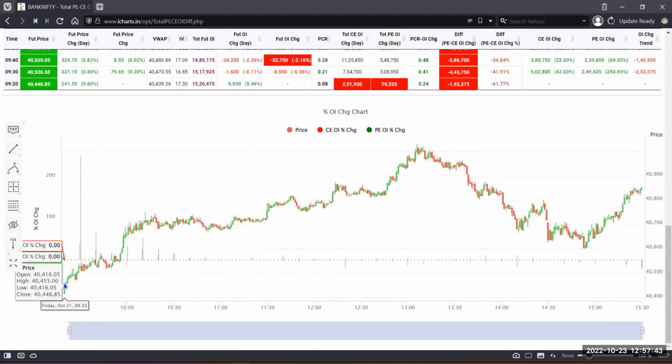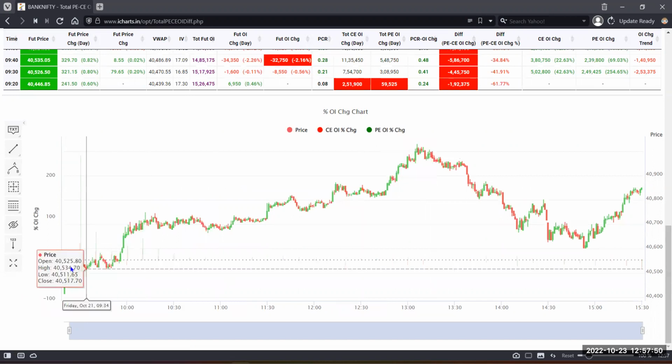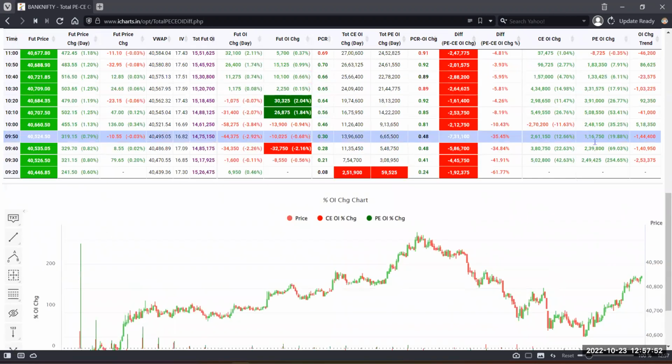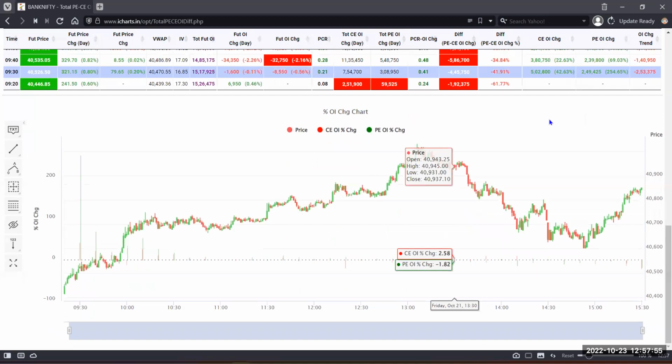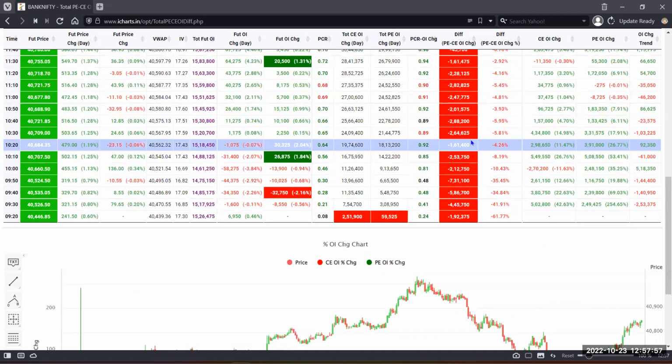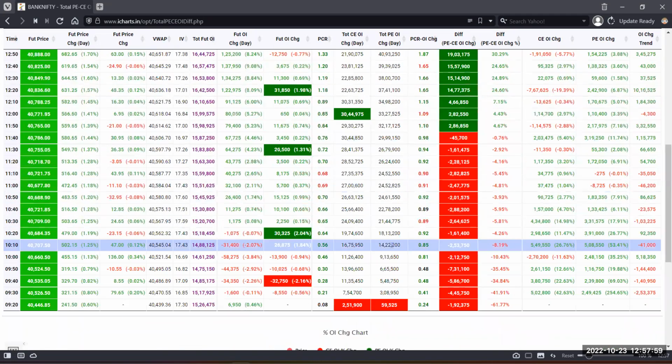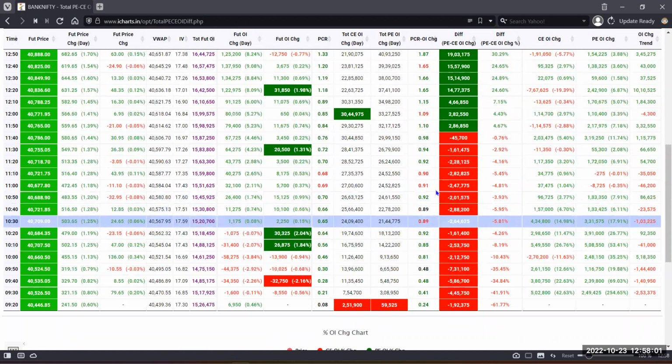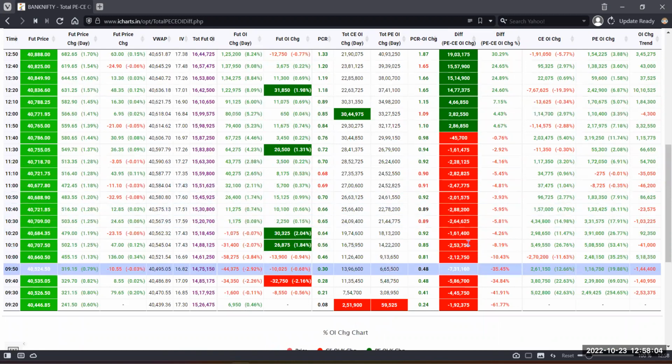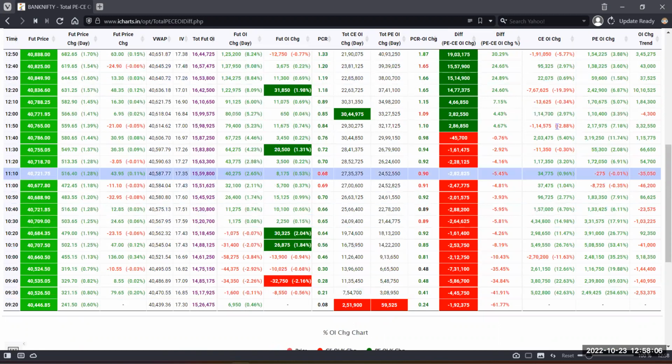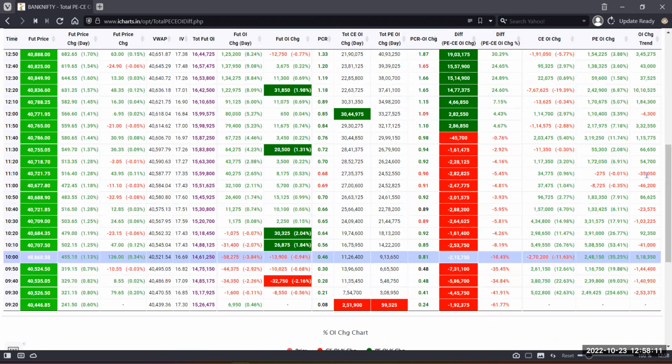Of course, the market can open negative, as it has here. And then once it moves up, this will change. Since this is the total OI change for the day and the difference, it might take some time to reflect. So you will have to look at the 10-minute wise OI changes and the OI change trend columns to see where the buildup or unwinding is happening, where it is moving.